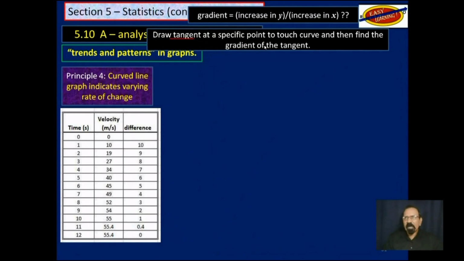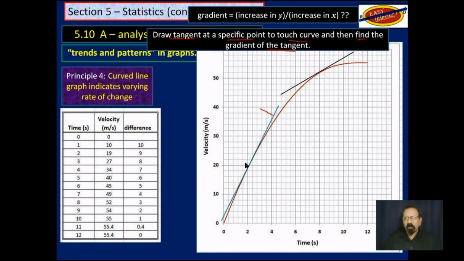We will draw a tangent at a specific point to touch the curve and then find the gradient of the tangent. So as you could see, we have a blue line here, which is a tangent at this point to that curve. We have a black line here, which is a tangent that touches the curve at this point.